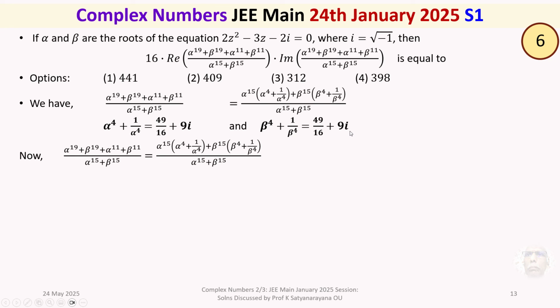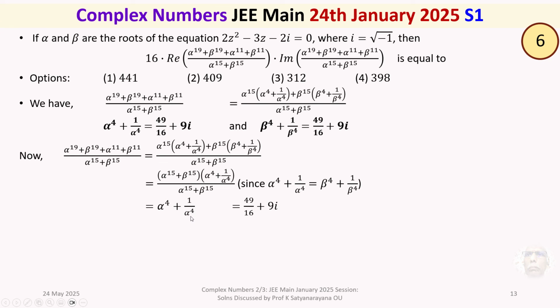So that is equal to alpha to the power of 15 plus beta to the power of 15 into alpha to the power of 4 plus 1 by alpha to the power of 4 by alpha to the power of 15 plus beta to the power of 15, because they are equal. Now alpha to the power of 15 plus beta to the power of 15 cancels both numerator and denominator, and we get alpha to the power of 4 plus 1 by alpha to the power of 4. That is 49 by 16 plus 9i.